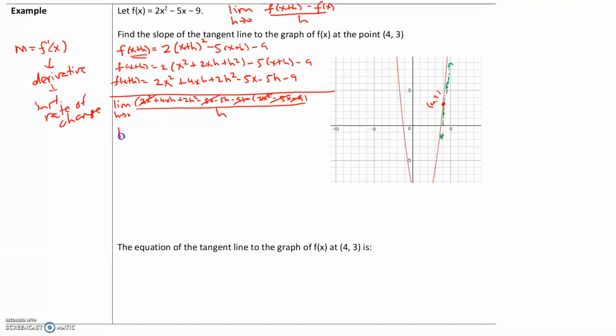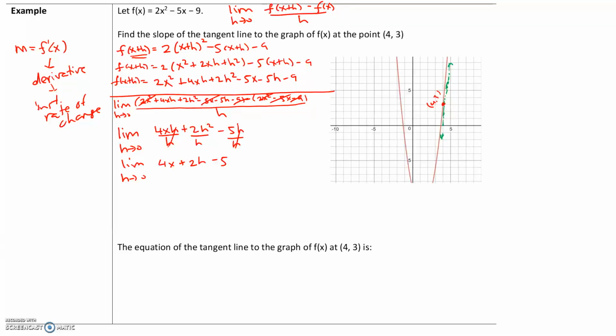And all we're left with is the limit as h approaches 0 of 4xh plus 2h squared minus 5h, all divided by h. So if we simplify this, we have the limit as h approaches 0 of 4x plus 2h, since h squared over h is h, and then minus 5.